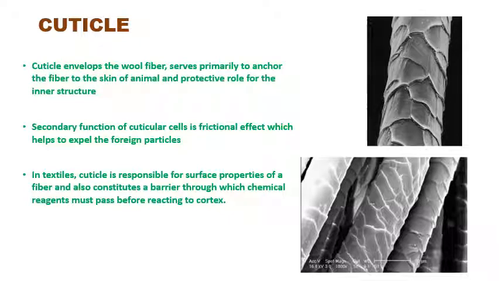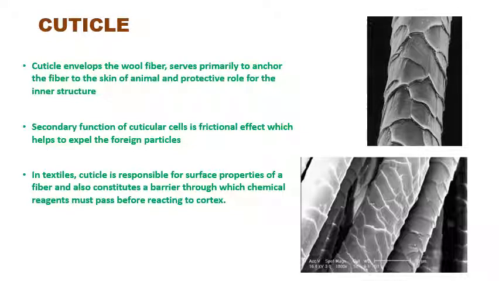Cuticle, as I mentioned, is the outermost structure of a wool fiber, and this makes about 10% of the total fiber mass. In the picture you can see the highly magnified electron microscopic structure of the outer surface, that is the cuticle scales, as they are arranged in different kinds of fibers.